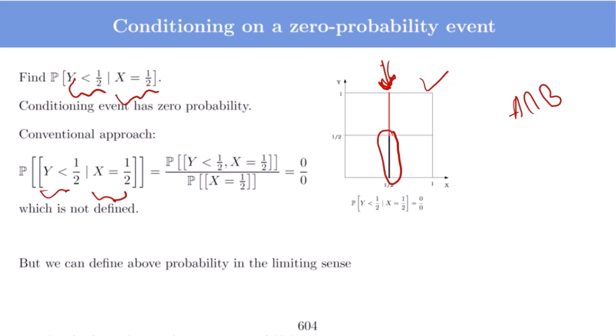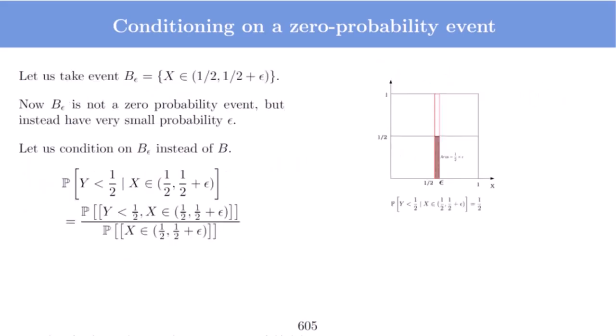But if we divide by the length of the line, then we get half. But the question is, the original probability measure is the area. How can I take the length of the line instead of the area of the line? So we will first try to define this in the limiting sense, and then we will try to make an argument out of it.